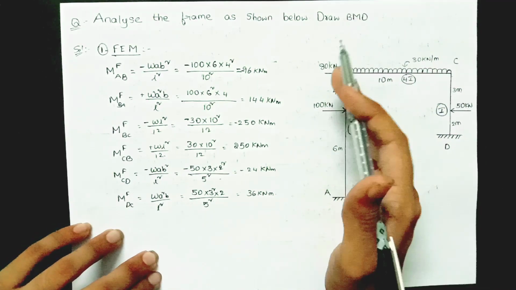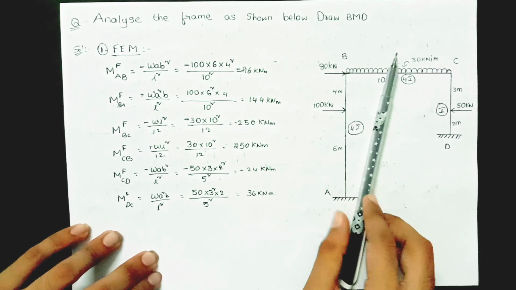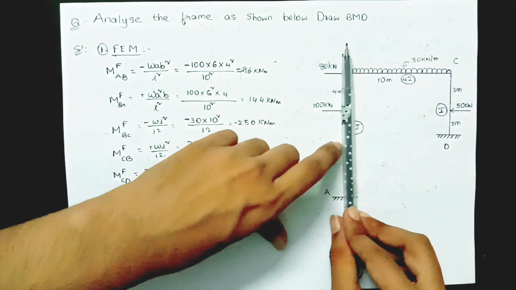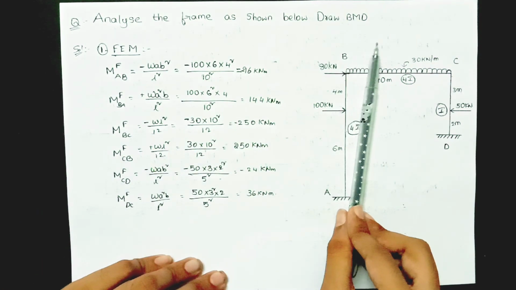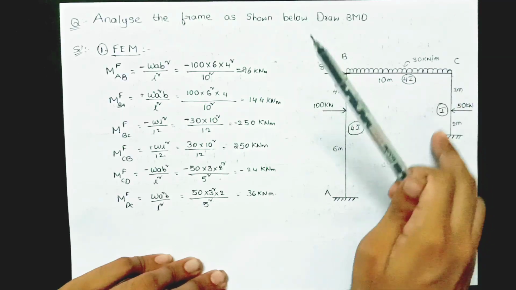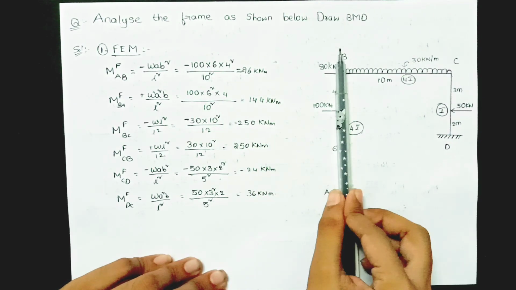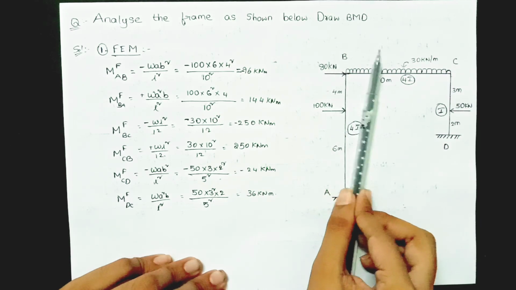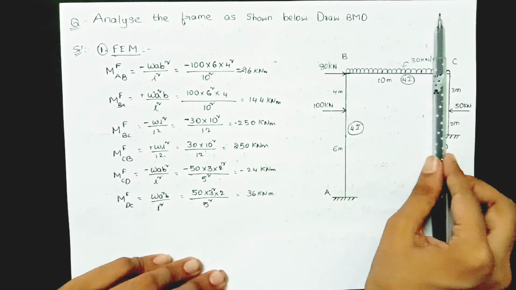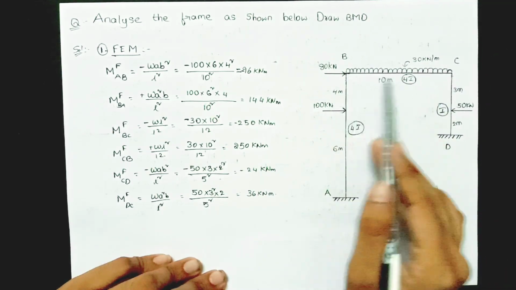So the frame will deflect or sway in this manner. If you observe carefully, the deflection is occurring only in the columns. Here the columns are AB and CD. The swaying is occurring only in the columns, in this column and similarly in this column also. So there is no deflection in the beam.